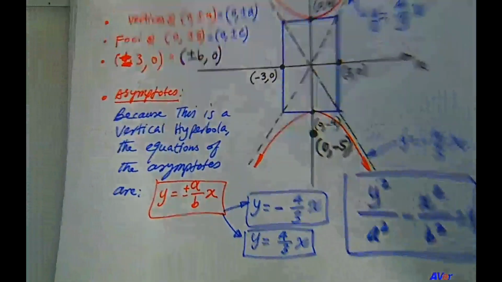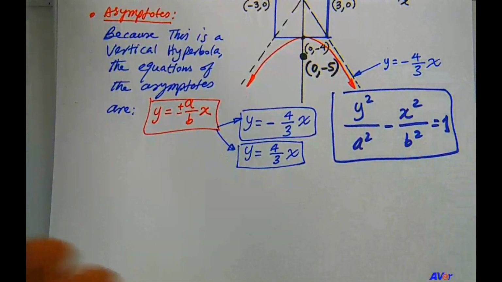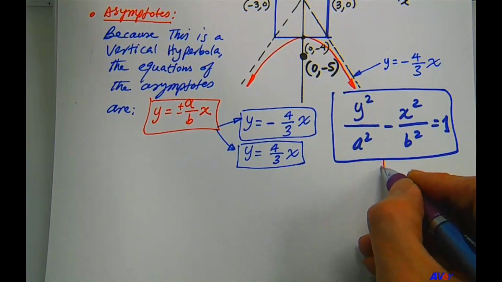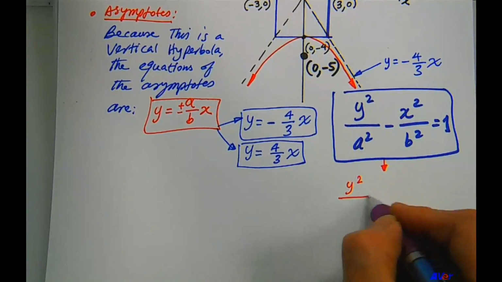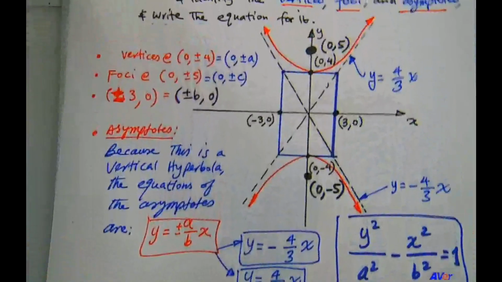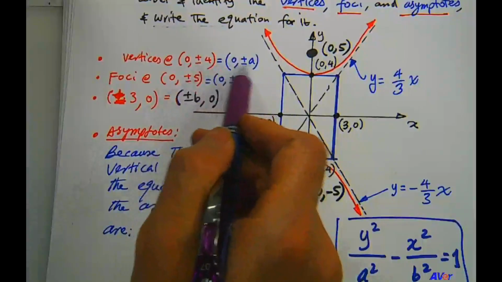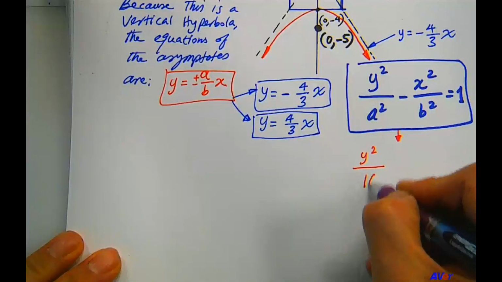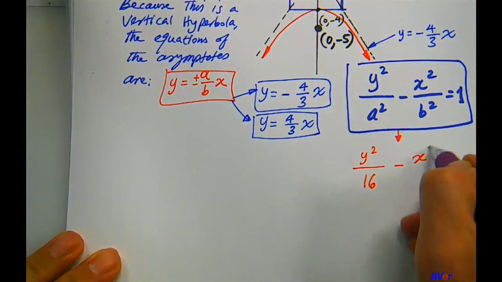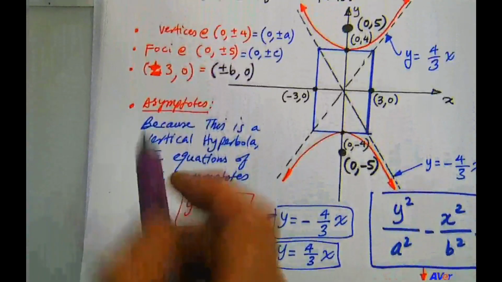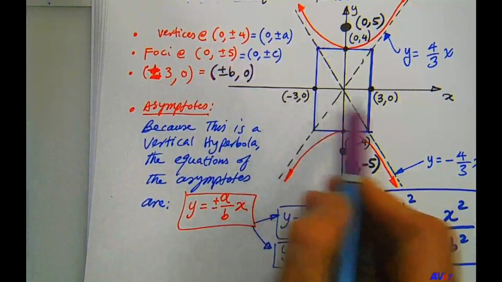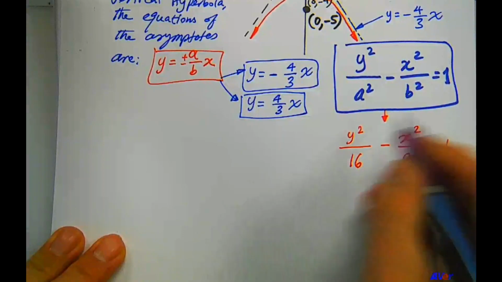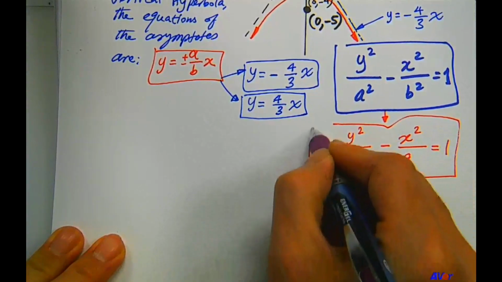Now let's plug in numbers. We have a is 4, so a squared is 16, minus x squared divided by b squared. b was 3, so b squared is 9, equals 1.